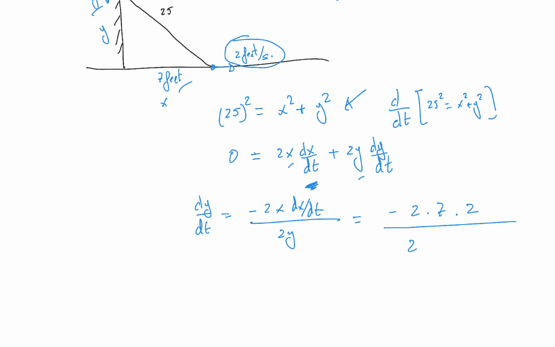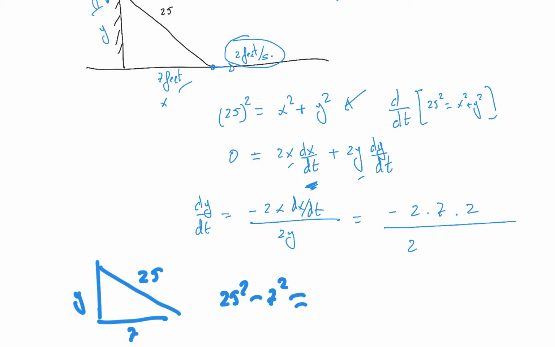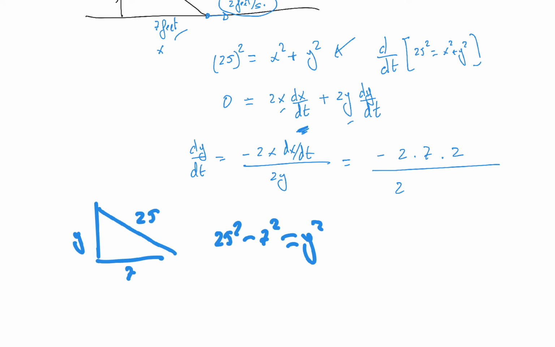Because this is a triangle with 25 and 7, y squared is 25 squared minus 7 squared. 7 squared is 49, and 25 times 25 is 625. So y is the square root of 625 minus 49, and let me check in the calculator, this is 24. So y is 24.